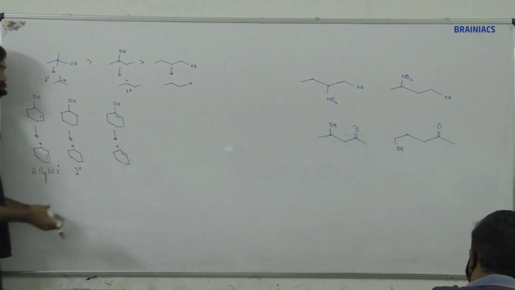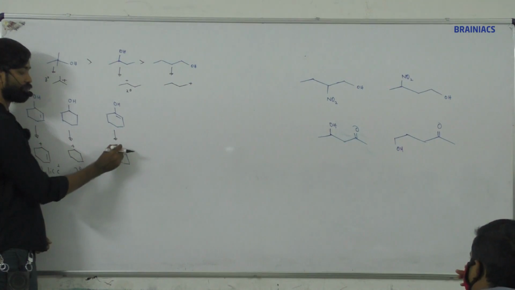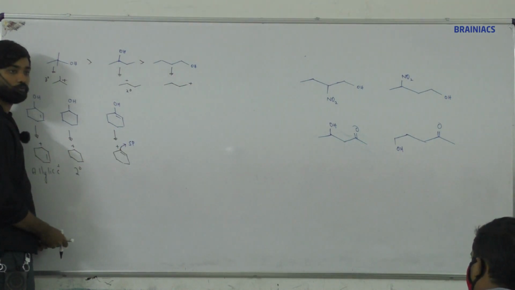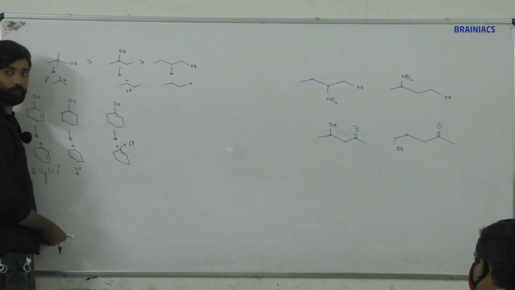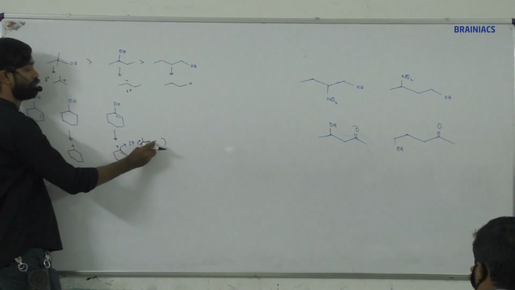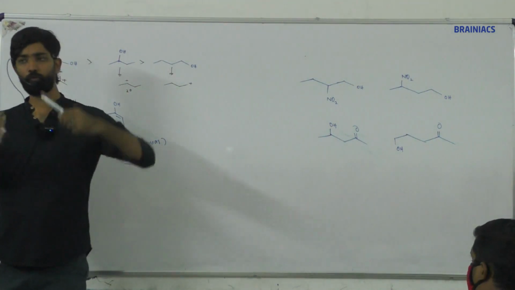Why? In a ring, the vinyl carbocation is much more unstable, because a double bonded carbocation has sp hybridization. sp means the carbon should be arranged in a linear shape, but that is not possible in a ring.